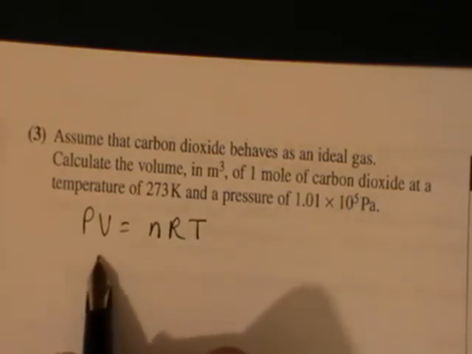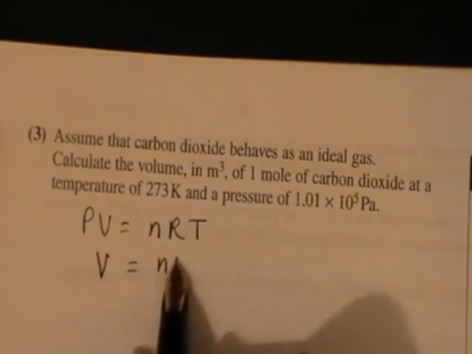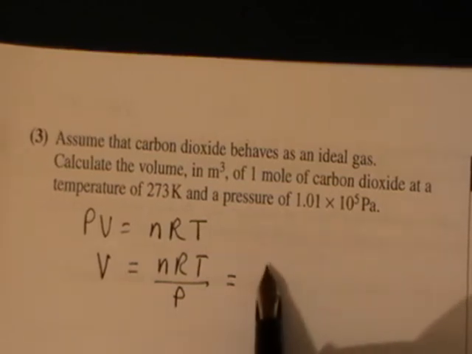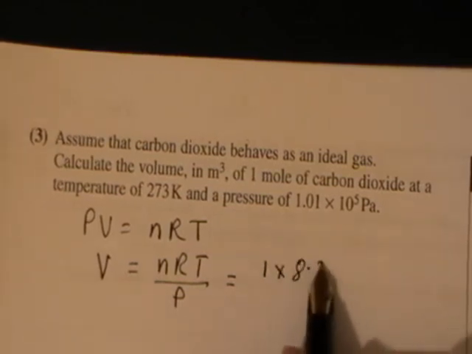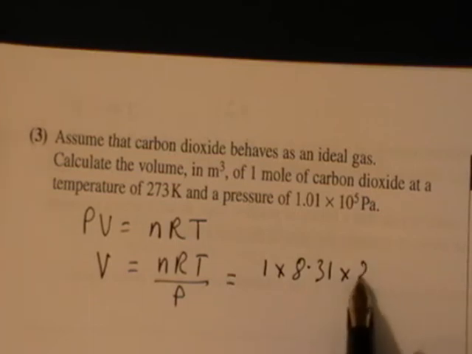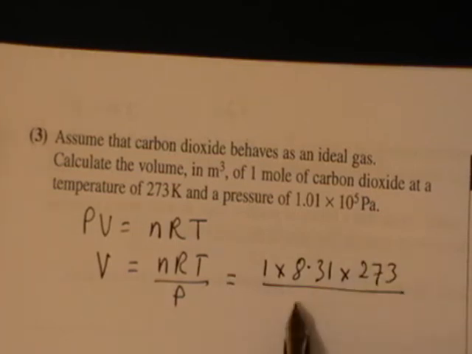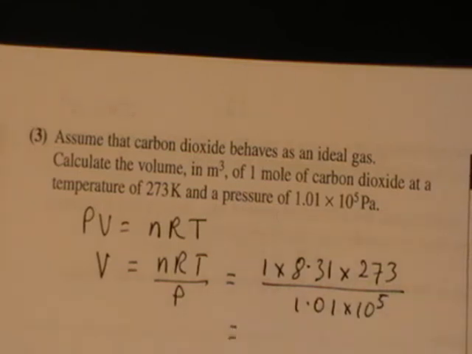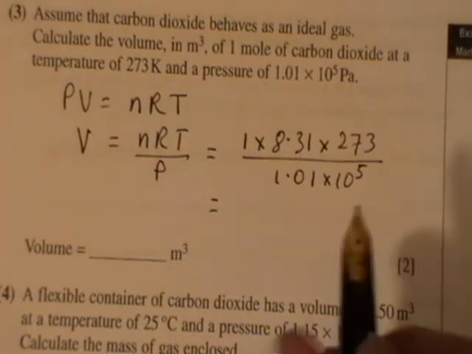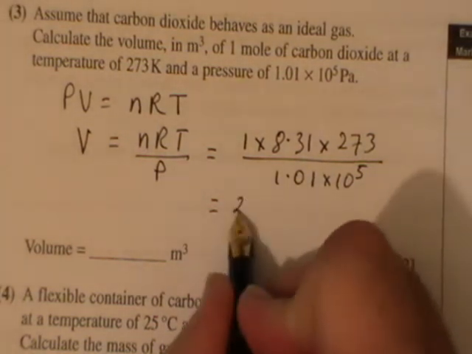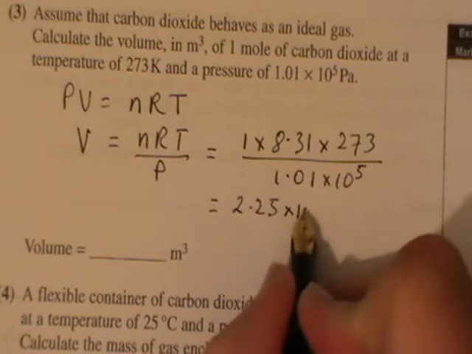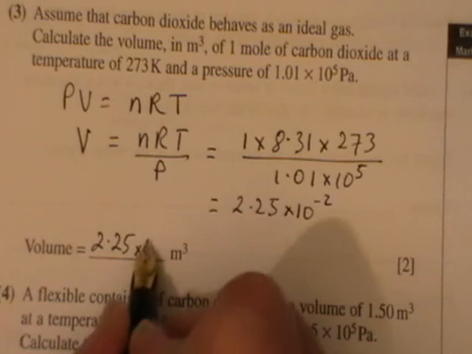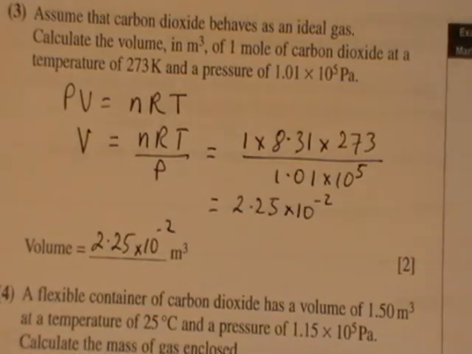That means that the volume is going to be equal to nRT over P. So that's equal to 1 times 8.31 times 273, divided by 1.01 times 10 to the power of 5, and that gives us a volume, whenever we calculate that out, of 2.25 times 10 to the minus 2 meters cubed.